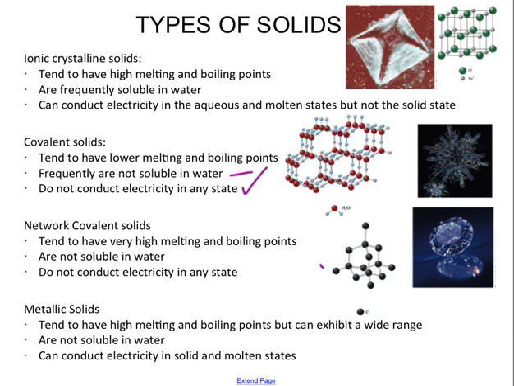Now we get to network covalent, and this is what Rui brought up when he brought up graphite. So there's two primary ones that they focus on in the AP that you might see. Carbon, as a system by itself, will take many, many forms, depending upon how it bonds. Carbon has the ability to three-dimensionally bond with itself over and over again.